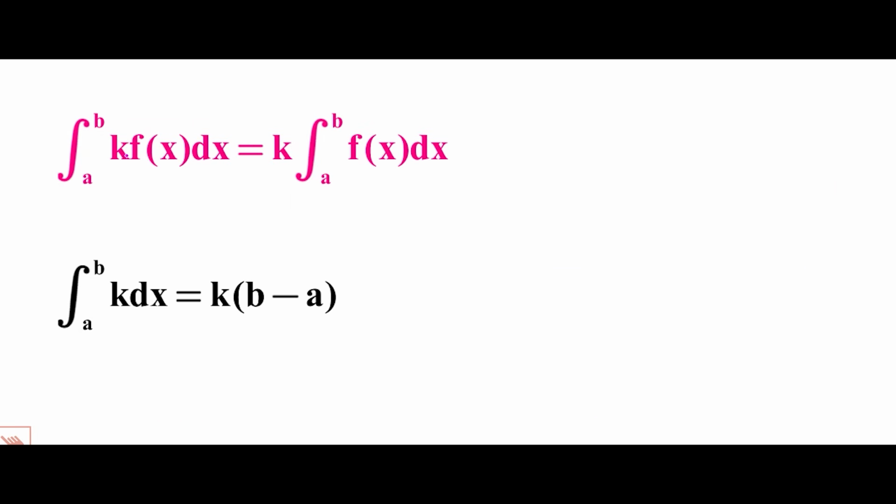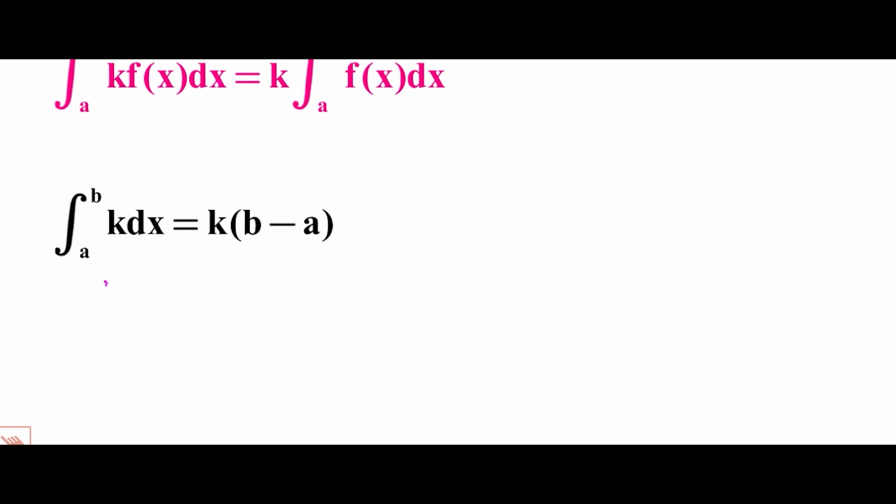The integral of k f of x dx from a to b equals k times the integral of f of x dx from a to b, where k is a constant, means a constant can be factored out. For example, the integral of k dx from a to b equals k times b minus a. But why?